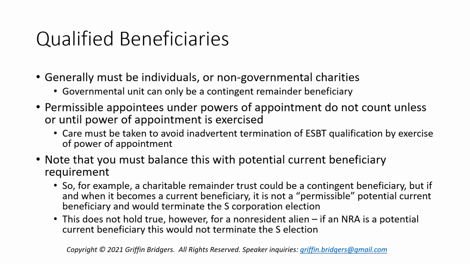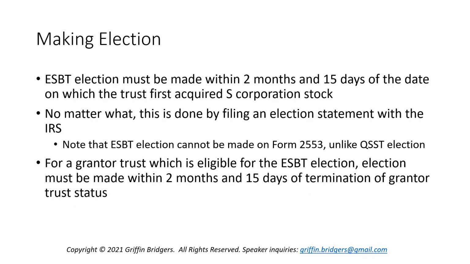But if that non-resident alien individual becomes a potential current beneficiary under an ESBT, then under those look-through rules, they can count as an S corporation shareholder for purposes of the 100 shareholder requirement, even though they wouldn't on an individual level qualify as a direct shareholder. So if you have a non-resident alien in the mix and they can't receive S corp stock directly, this is a good way to get around that requirement by making them a beneficiary of a trust that makes the ESBT election.